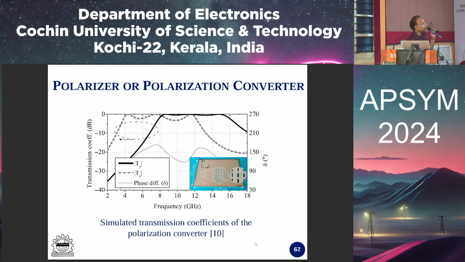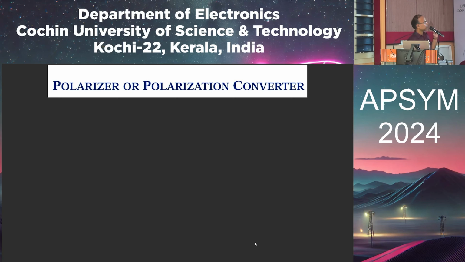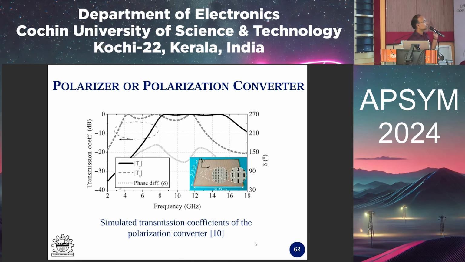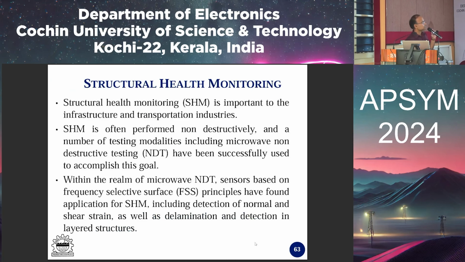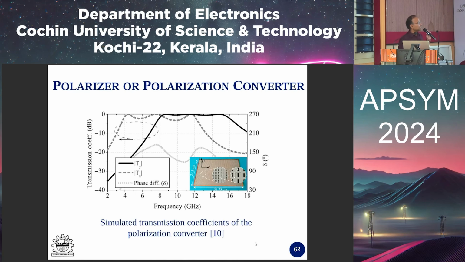So this is the transmission coefficient. Okay, so this particular design provides the polarization conversion, that is from LP to CP as well as CP to LP, in the 8 to 12 gigahertz band, which covers radar operations. So that is one application of an FSS in addition to what we have seen previously, that is electromagnetic shielding.